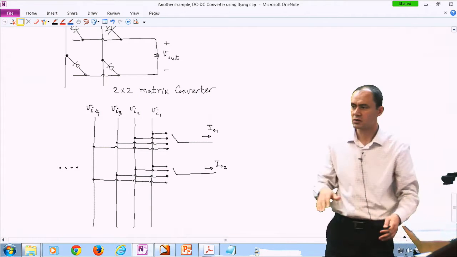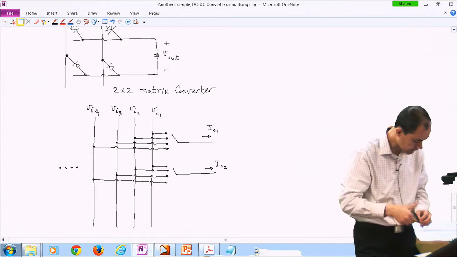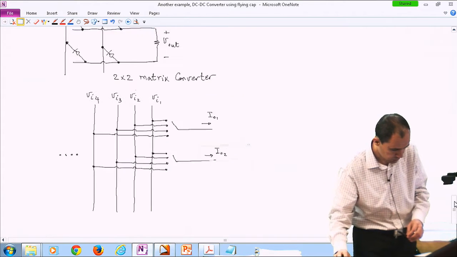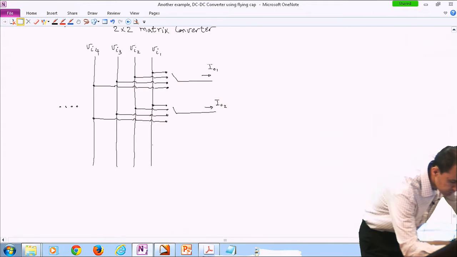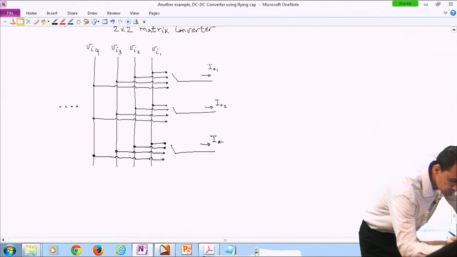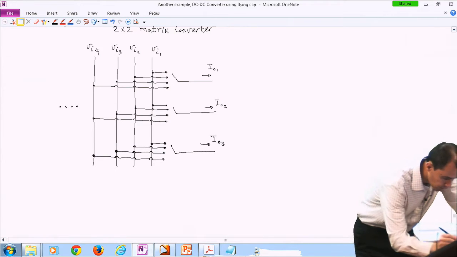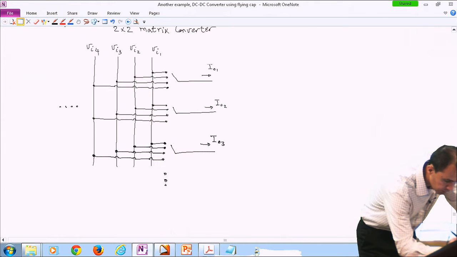So this is your second line on the output side. Let's just draw a third one too, pretending it's a 3-phase system. All right, something like this. And then you can have more down here.